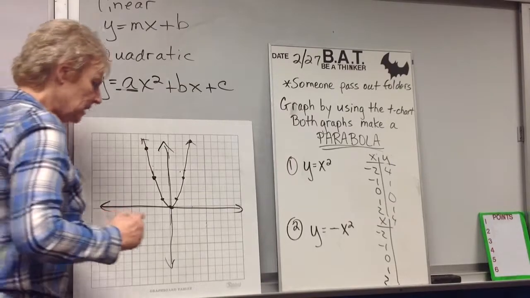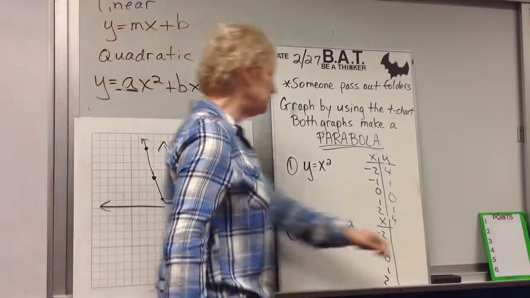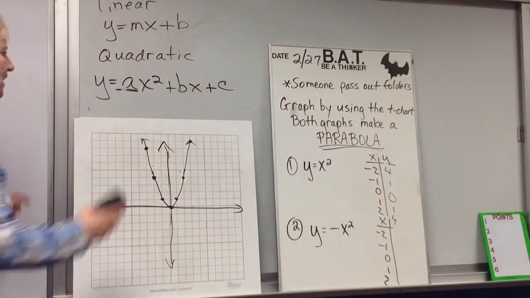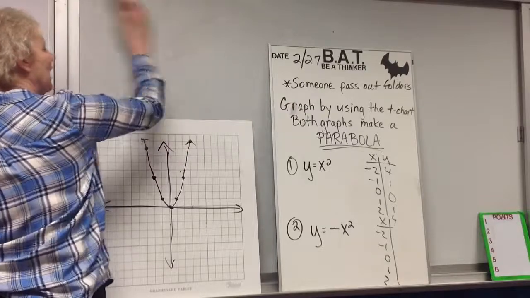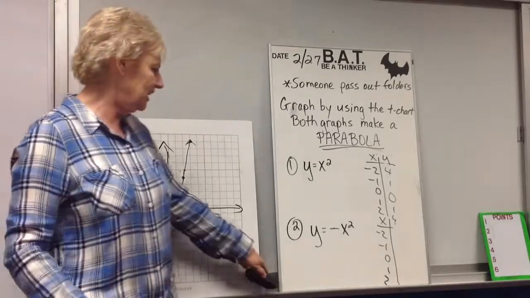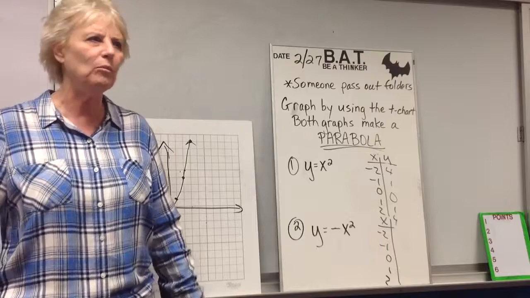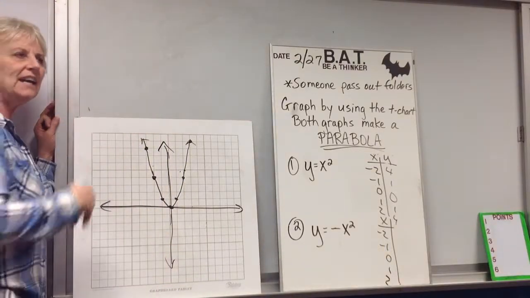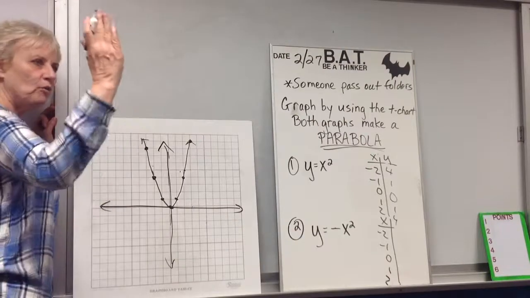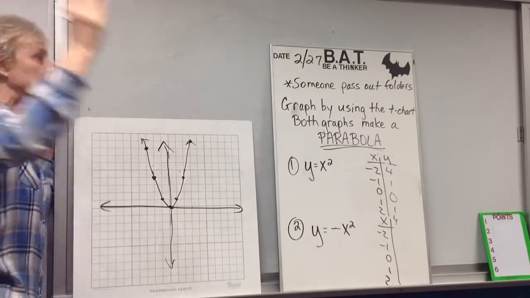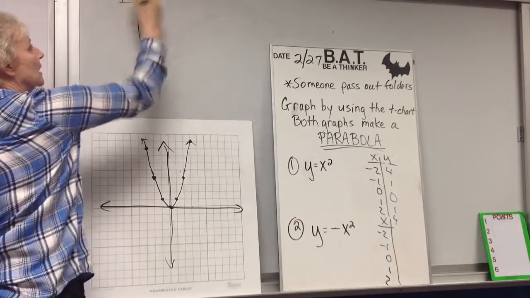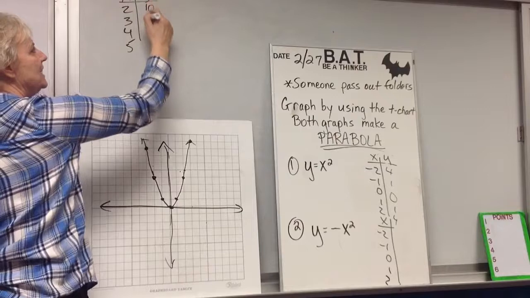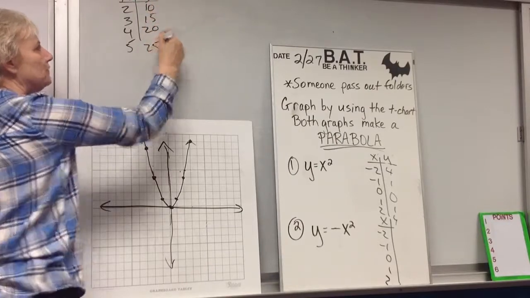Those of you that are taking the I-STEP, you'll notice last week there was an example about a parabola, and it asked, does it have the same slope? Well, parabolas don't even have slope. Slope is what you get on a line: up, over, up, over. It's always constant. For example, let's say this is 2, 3, 4, 5, and this is 10, 15, 20, 25.